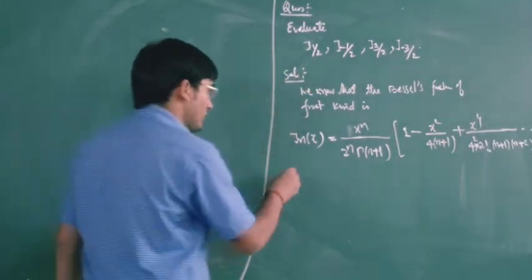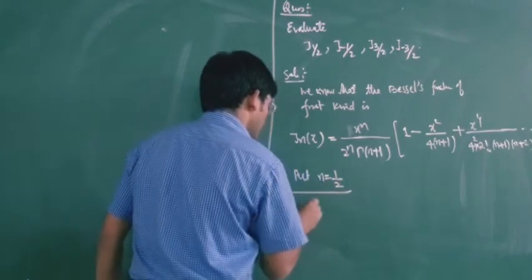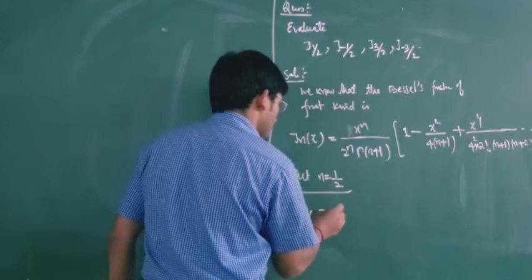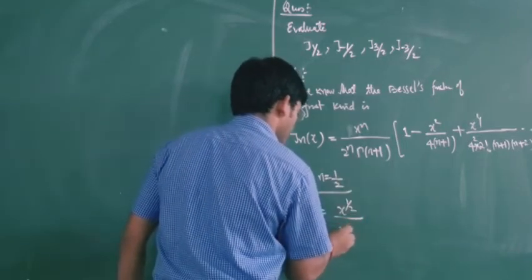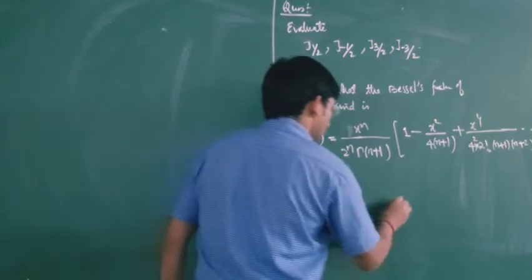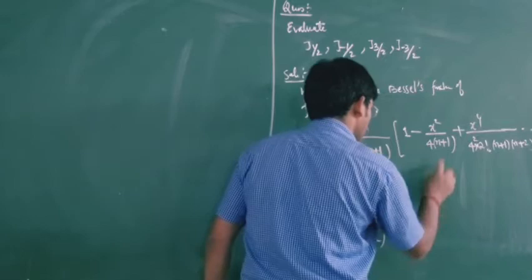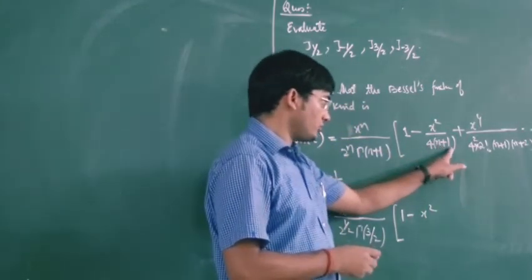So put n equal to 1 by 2. Then our J half will be equal to x power half, then here we will have 2 power half, then we will have gamma 3 by 2, and in the bracket we will have 1 minus x square. Now as our n is half, this will be half plus 1, so this will be 3 by 2.